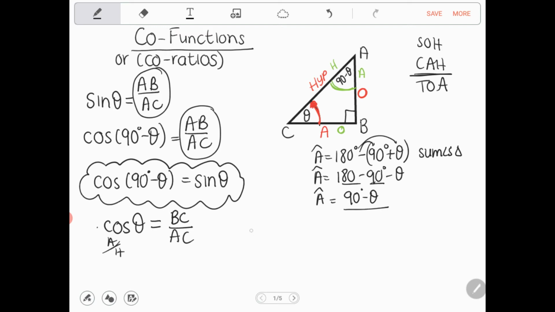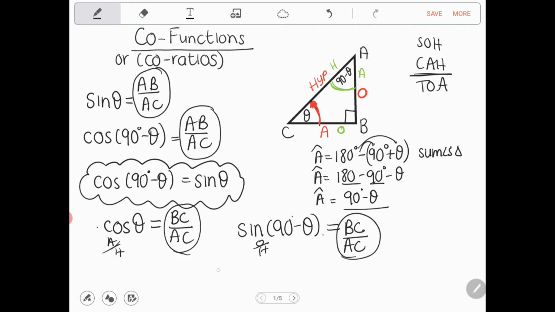And if I looked at the sine of 90 minus theta, okay, now you're looking at the green one, sine is opposite over hypotenuse. So for the green one, opposite is BC, hypotenuse is AC. And again, these two are the same. So that tells me that the sine of 90 minus theta is equal to the cos of theta.